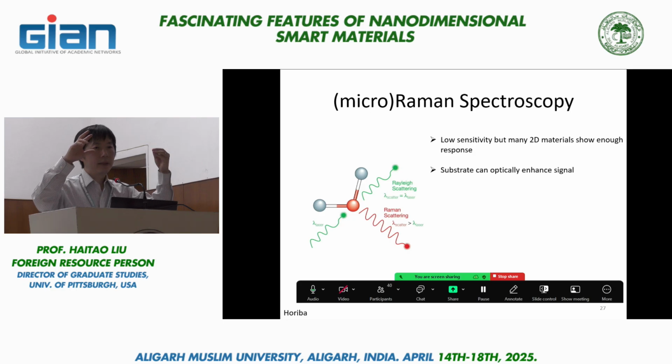And the molecule would undergo vibrational state excitation, taking energy from the incoming photon, and emit a new photon that has lower energy compared to the incoming laser. Remember, the incoming photon is monochromatic because it's a laser. So this is the kind of signal that produces the Raman signal.